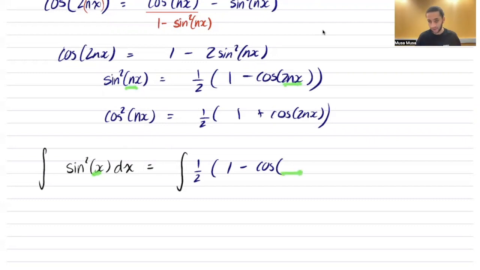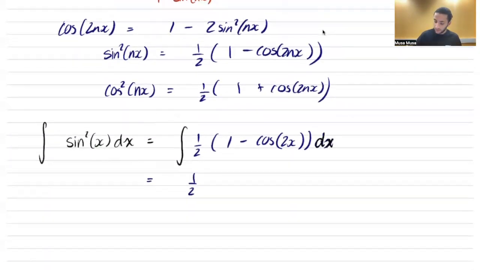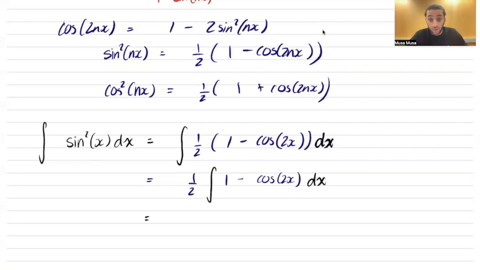So it would be 2x. Take the half out the front. Should have written this in black. And we get 1 minus cos of 2x dx. Nice. I think we can just integrate this normally because we will leave the half out the front.